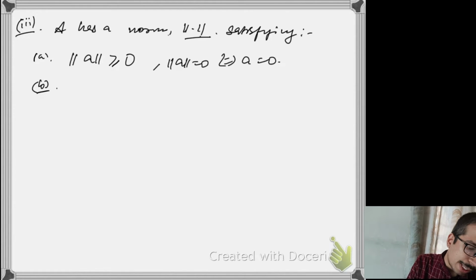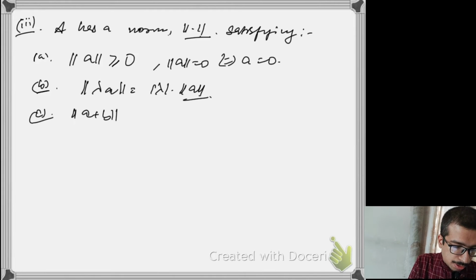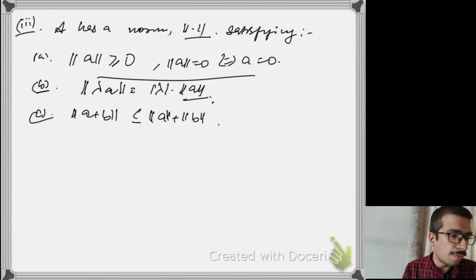Secondly, the norm of any scalar multiple is |λ| times the norm of A. These are the properties which we usually expect from a norm operation. And the norm of A + B is less than or equal to norm A plus norm B. So this is the triangle inequality, this is the scalar multiplication, and then you have the non-negativity.